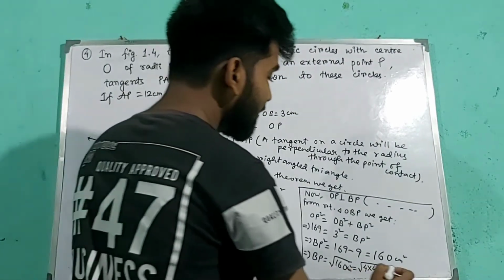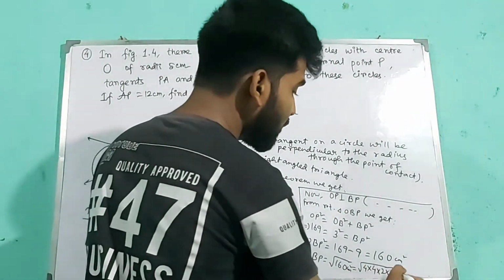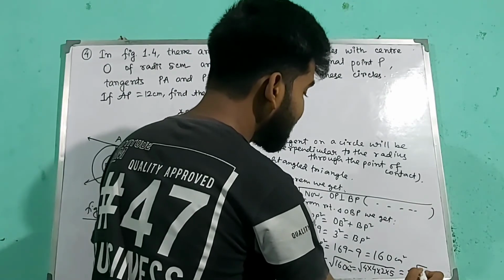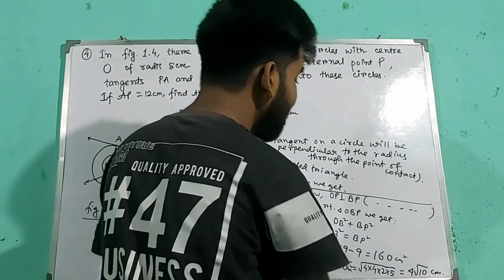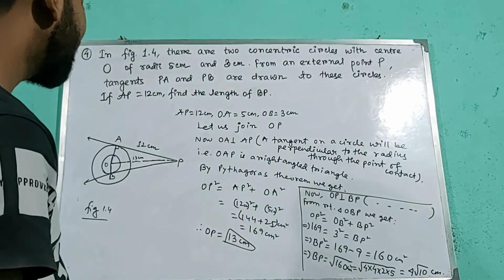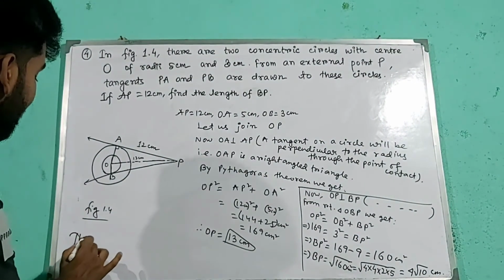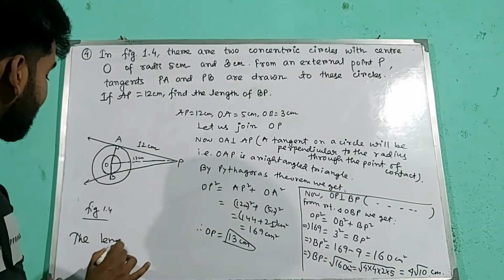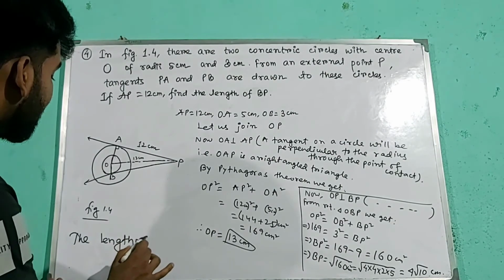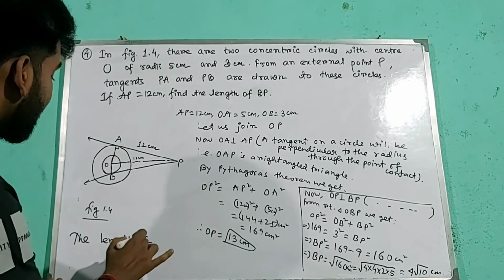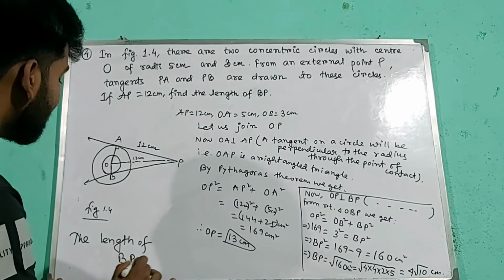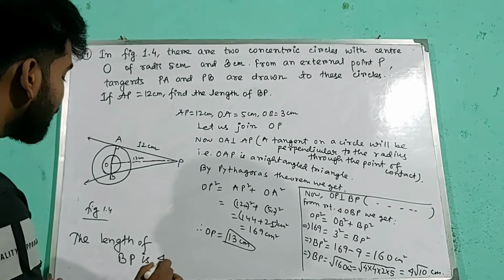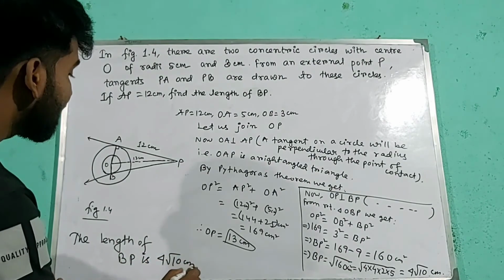Now you see two 4s are inside the root, so one 4 will come out and the 10 will stay inside. That means 4 root over 10 centimeter. The length of BP is 4 root over 10 centimeter.